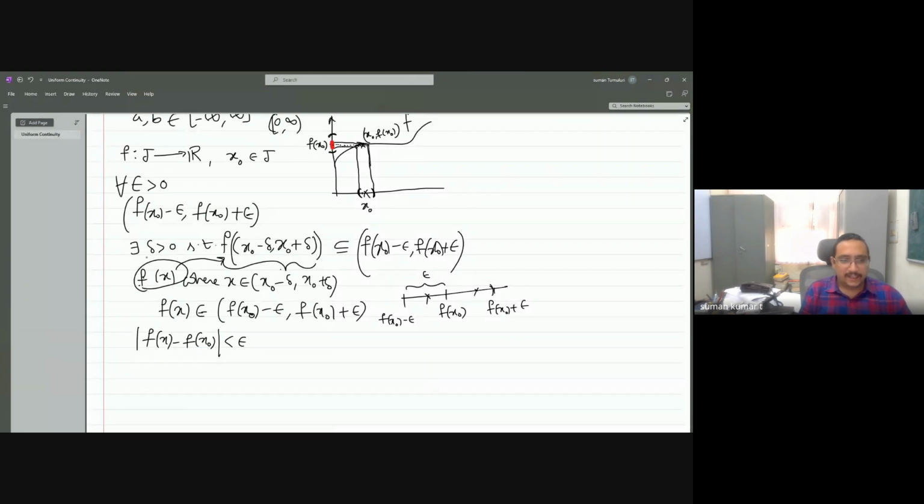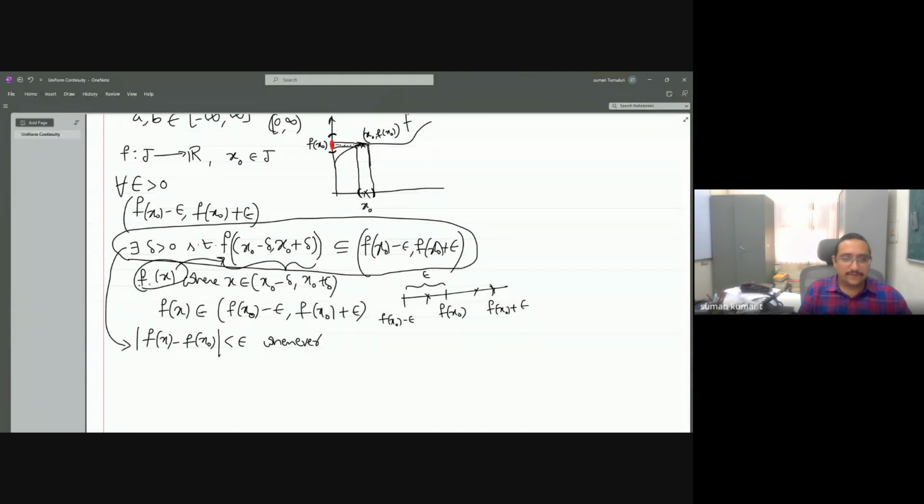Whatever I have written here, I'm rewriting in this way. A typical member in this set is f of x, so whenever x belongs to x naught minus delta to x naught plus delta.